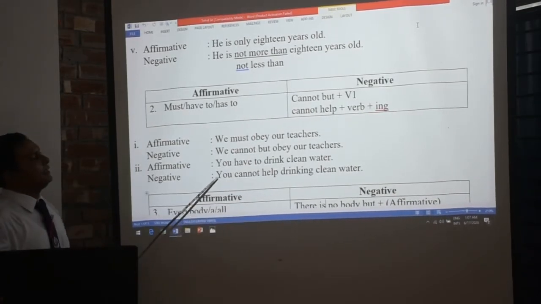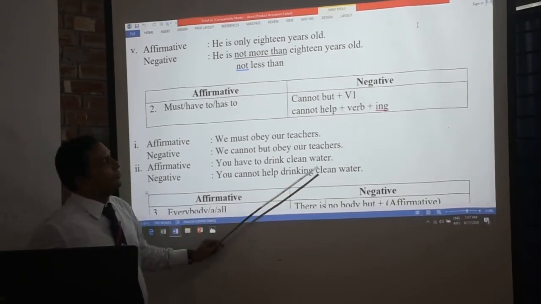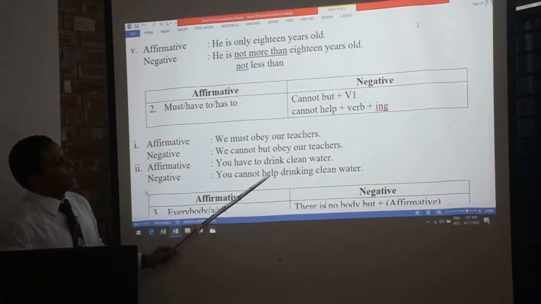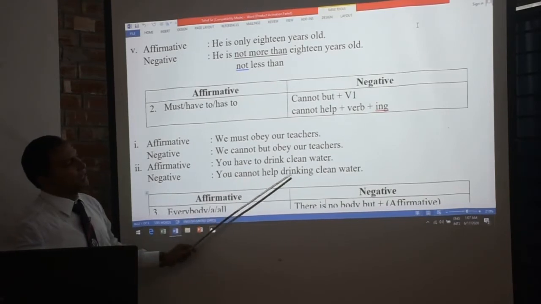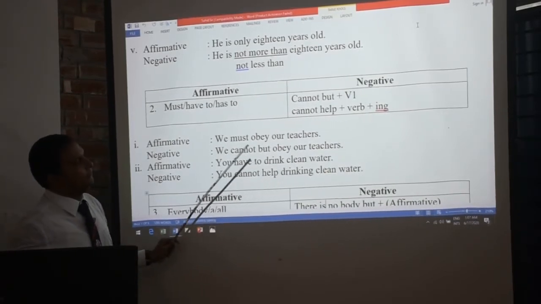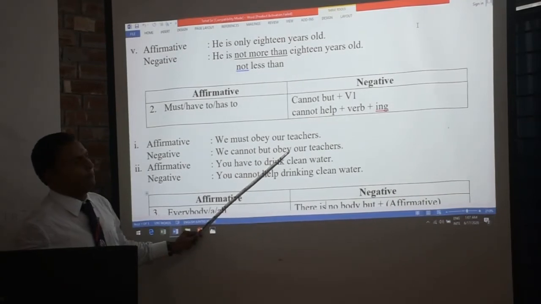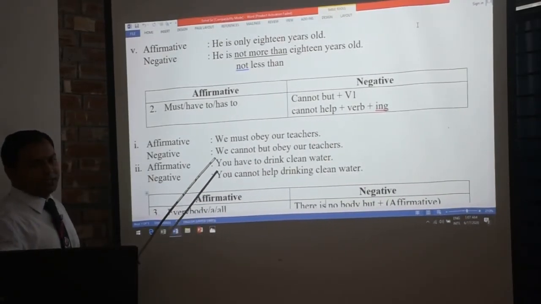So the answer is you cannot help drinking clean water. We added ing because here we used cannot help. If we use cannot help, you have to use ing with the base form. And if you use cannot but, you need not use ing with the base form. We are moving to the next rule.